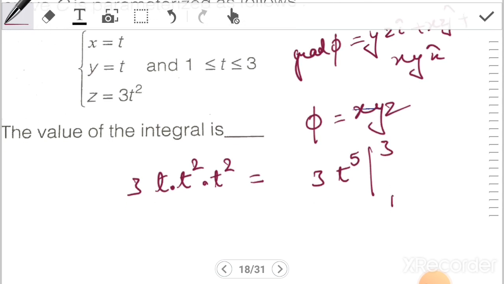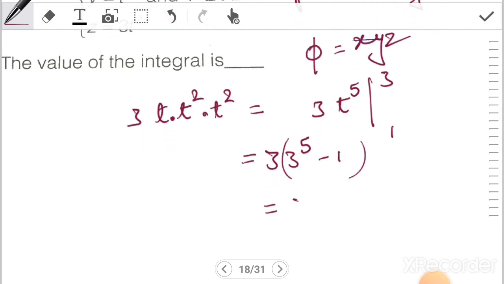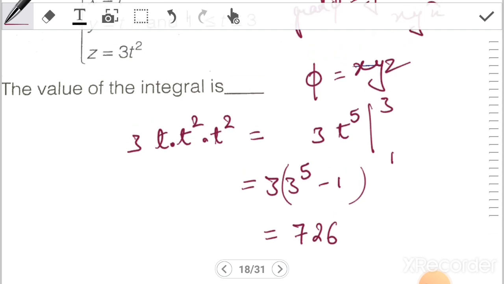So we will have 3 raised to the power 5 minus 1, and 3. So the answer is 726. The value of the integral is 726.